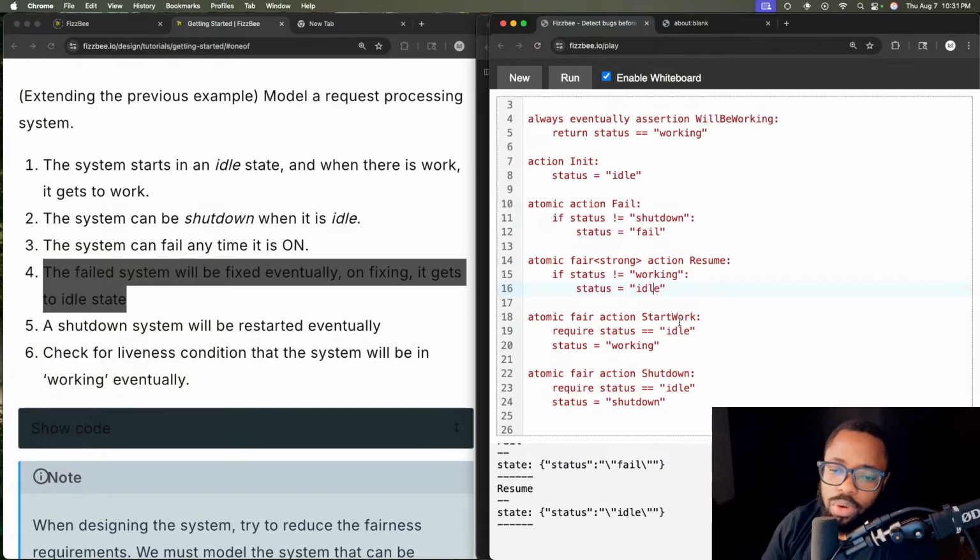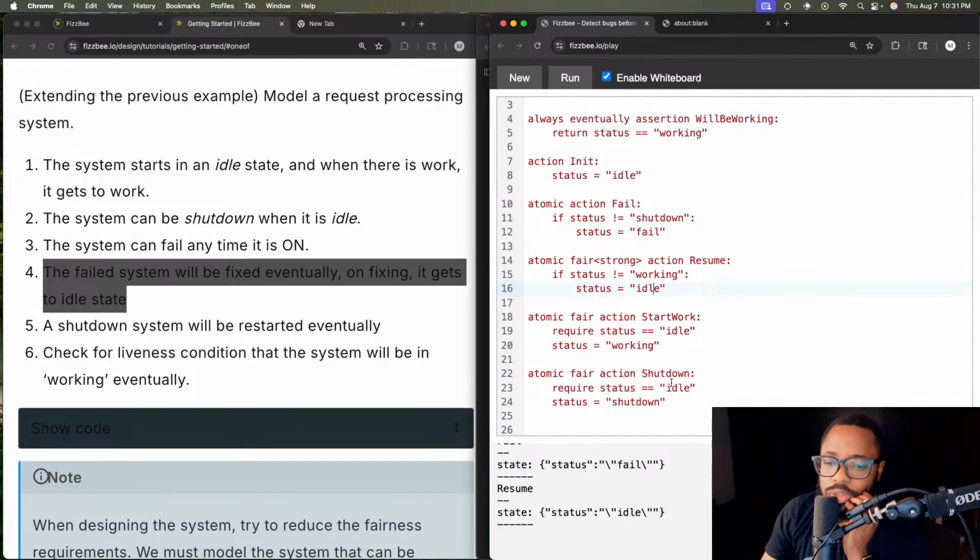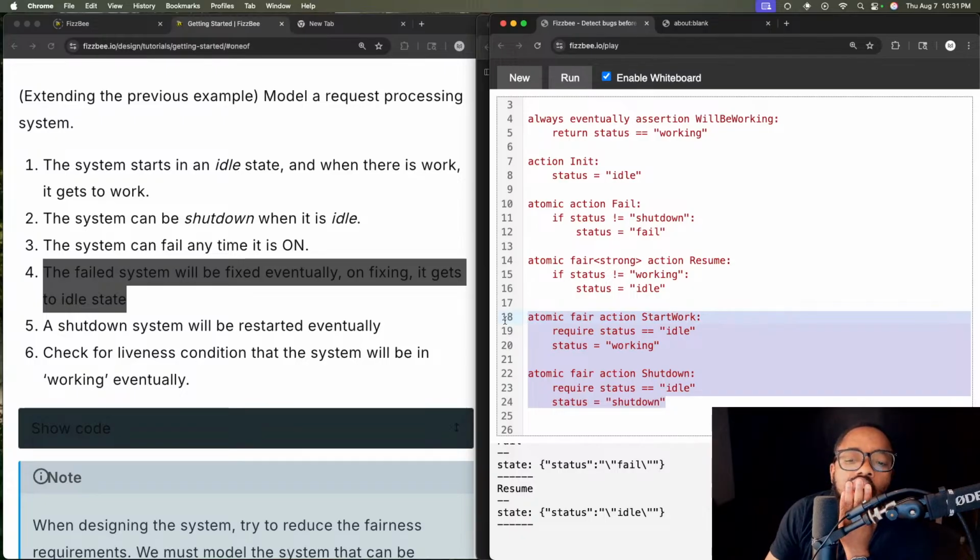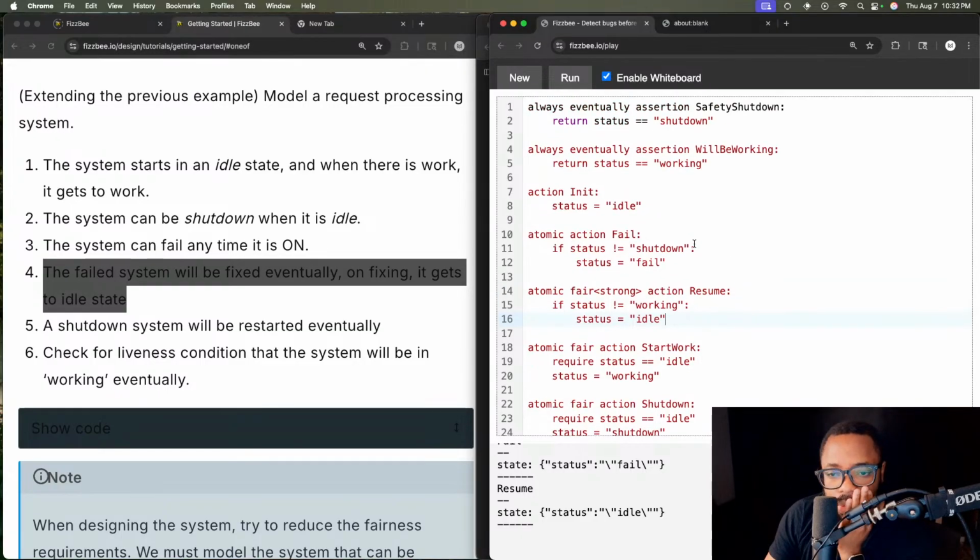Because now you're not squatting on the idle state, which means that the fairness here does not apply, so you go back, you go into this loop, and you never get to shut down or work.